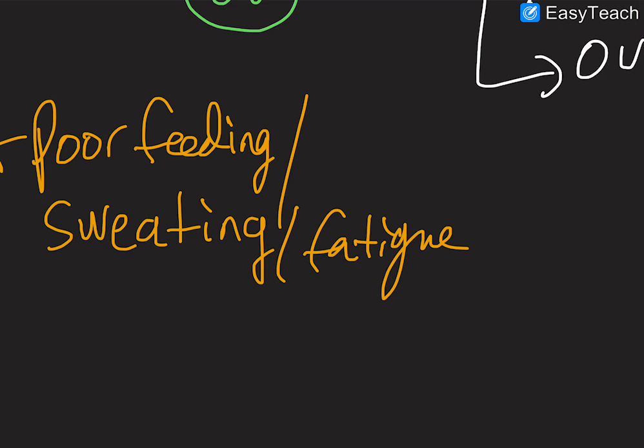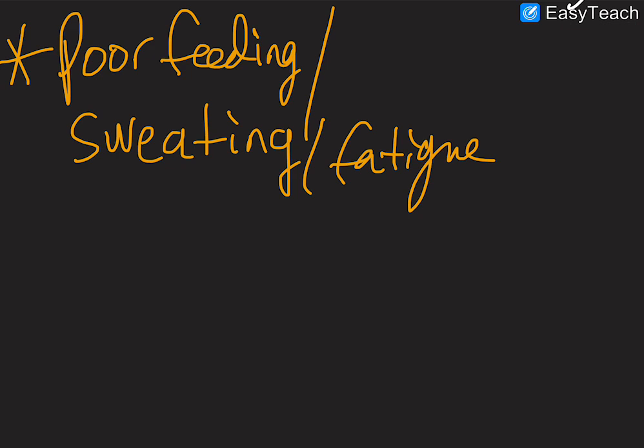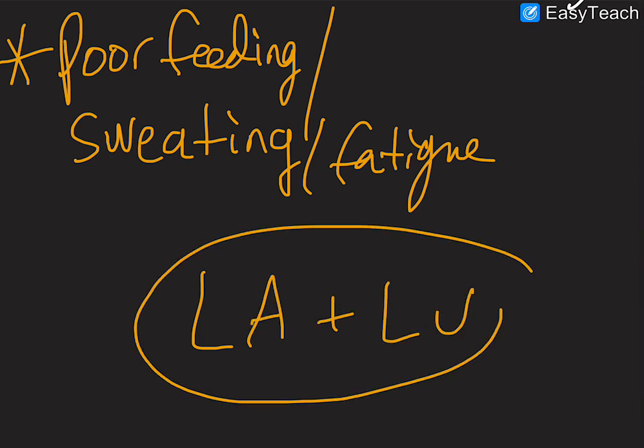Now, in Truncus arteriosus, we see poor feeding because of congestive heart failure. Remember, if there's a lot of blood being shunted to the lungs, that blood will eventually come down to the left side of the heart, to the left atrium and the left ventricle. So now the left atrium and left ventricle are getting volume overloaded, right? That means there's going to be too much strain on the left side of the heart, leading to congestive heart failure.